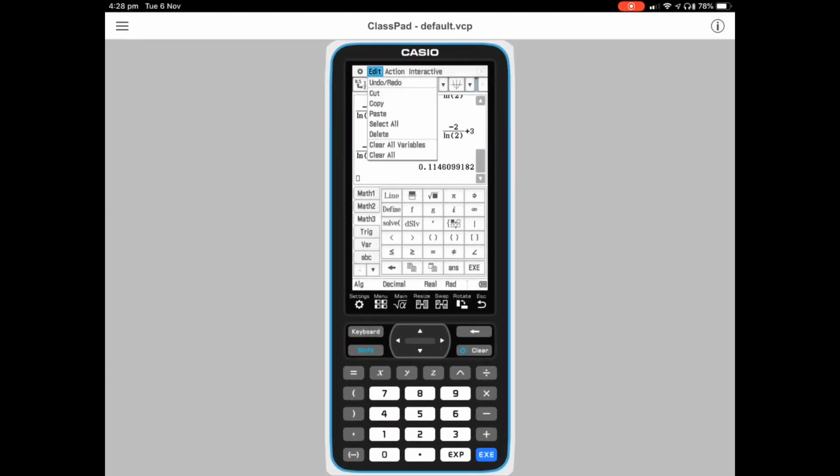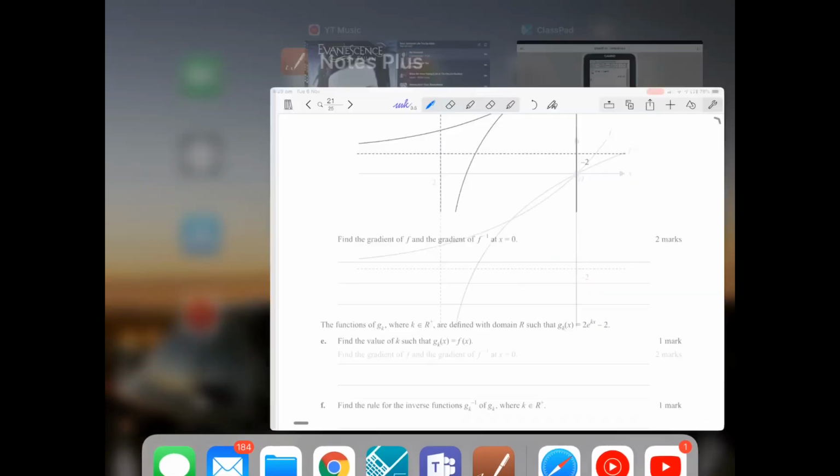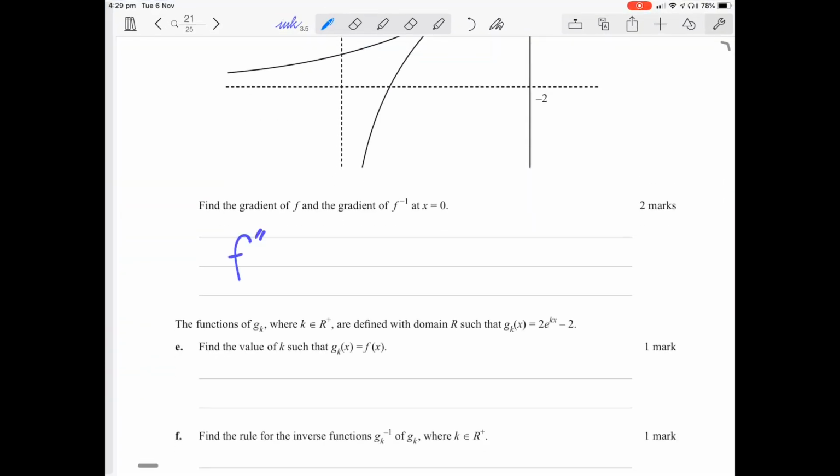Okay, so I'm going to clear all this. So d/dx of our original function, f of x, given x equals 0. Okay, I get 2 log e 2. So f dash of 0 is 2 log e 2.